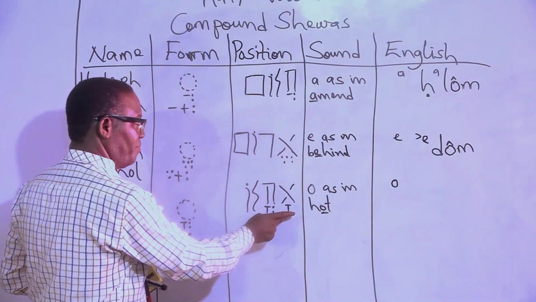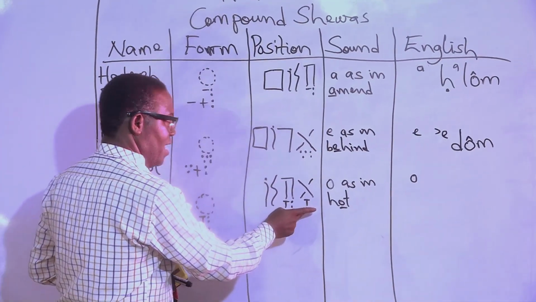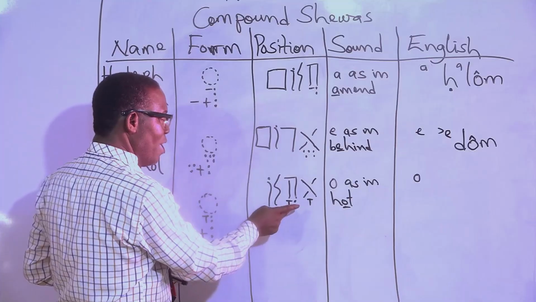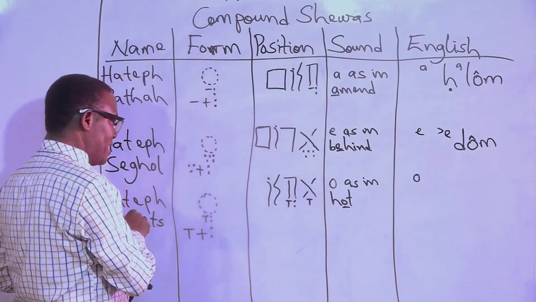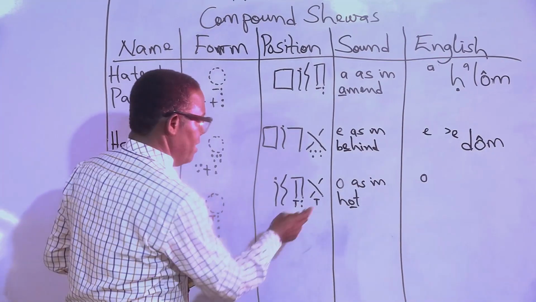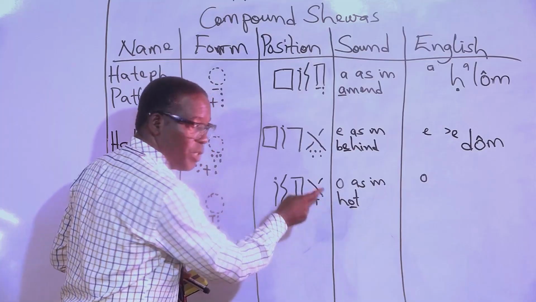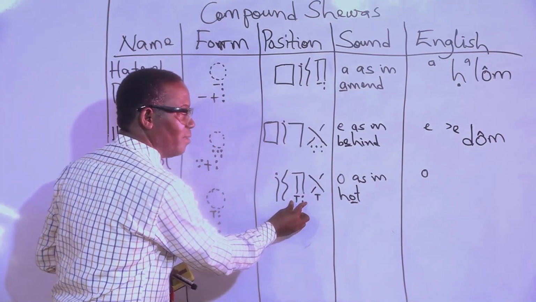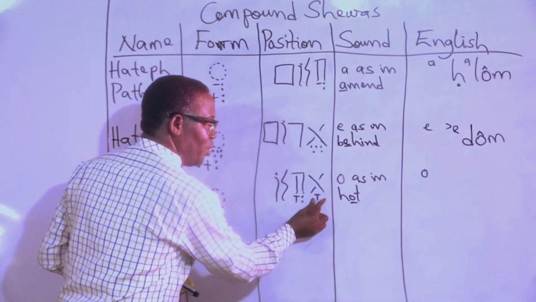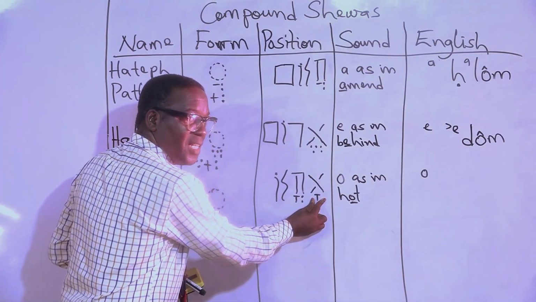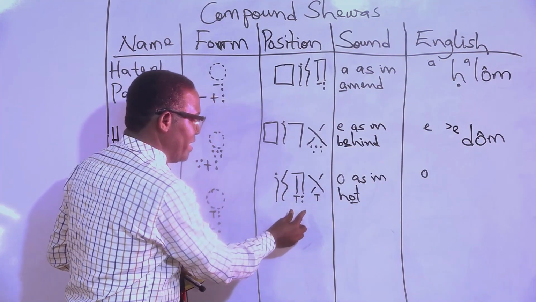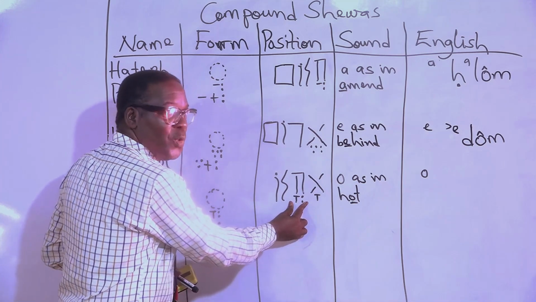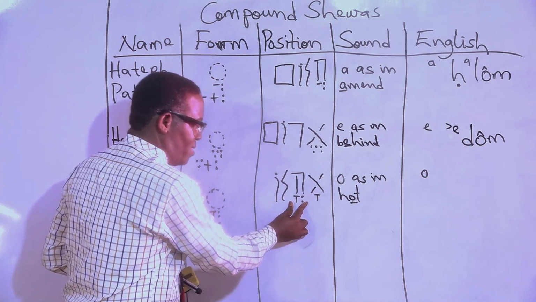Here we have Kamets Hatuf, and here we have Hateph Kamets. This is the O vowel, which is the short O vowel. This is the half vowel. This is the short O vowel, Kamets Hatuf. This is the half vowel, which is Hateph Kamets.